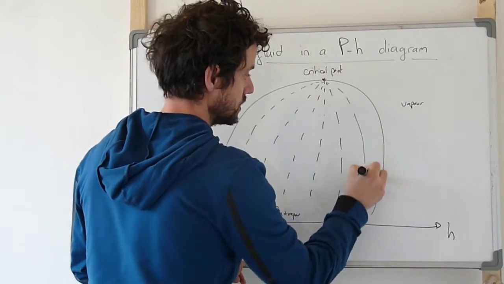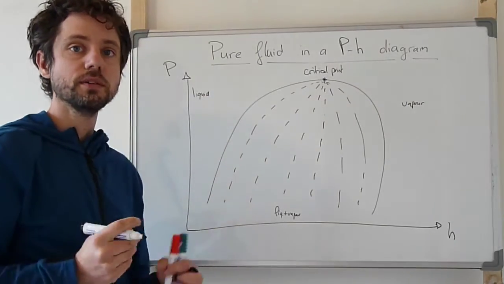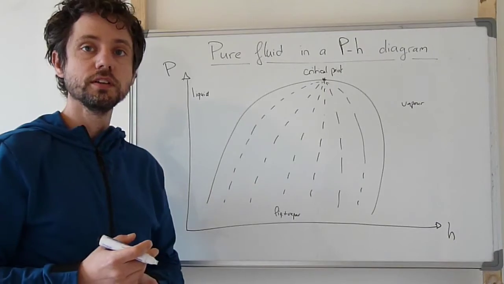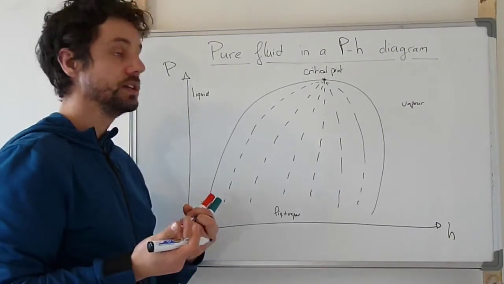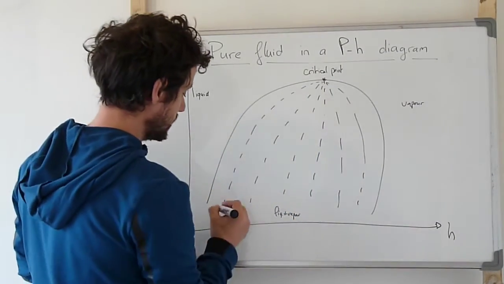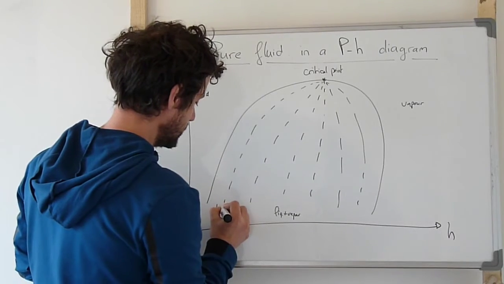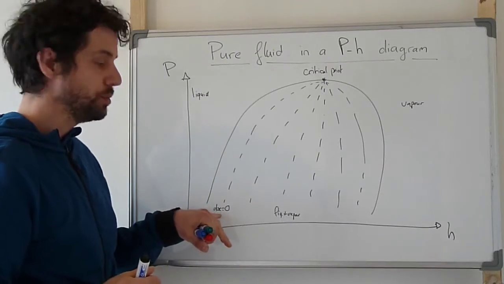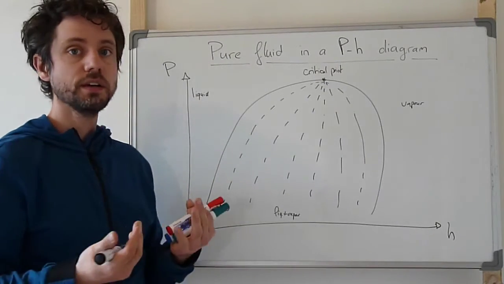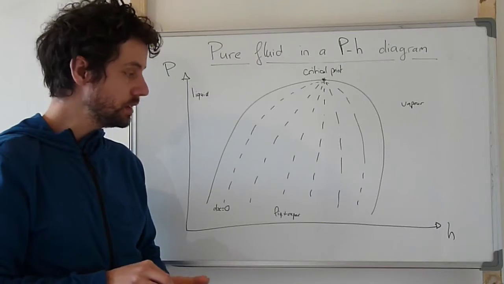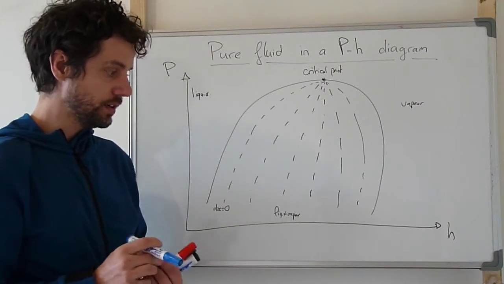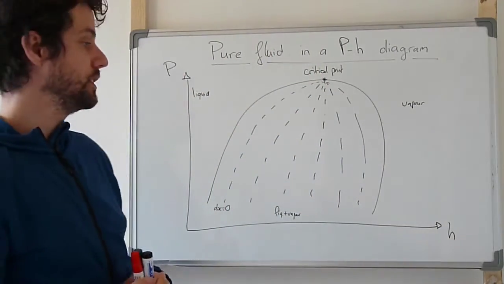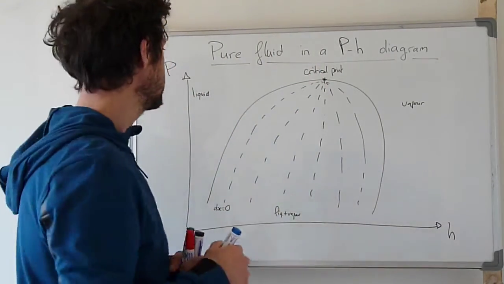So of course the liquid saturation line corresponds to a vapor quality of 0. The vapor saturation line corresponds to a vapor quality of 1, and any other line corresponds to another vapor quality, and the vapor quality is usually written with the letter X. Then in such a diagram, of course you can read easily the specific enthalpy because it's the x-axis.